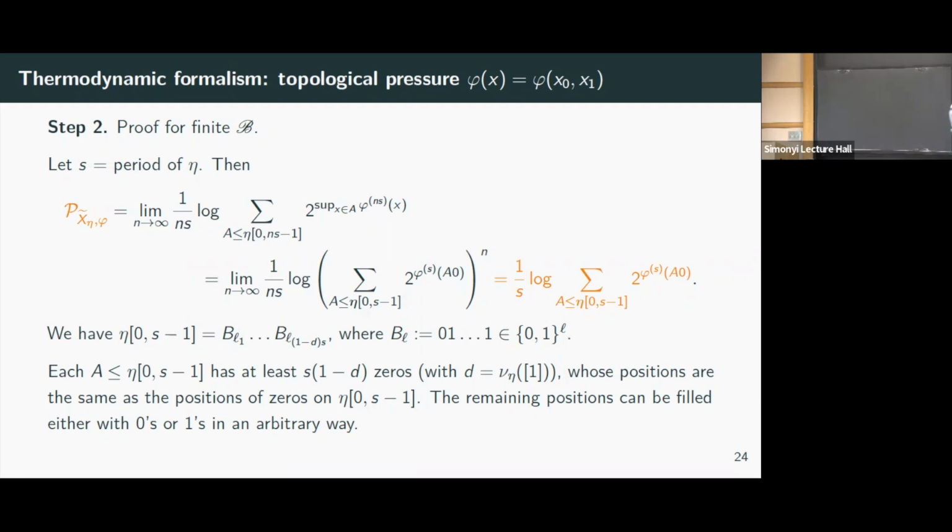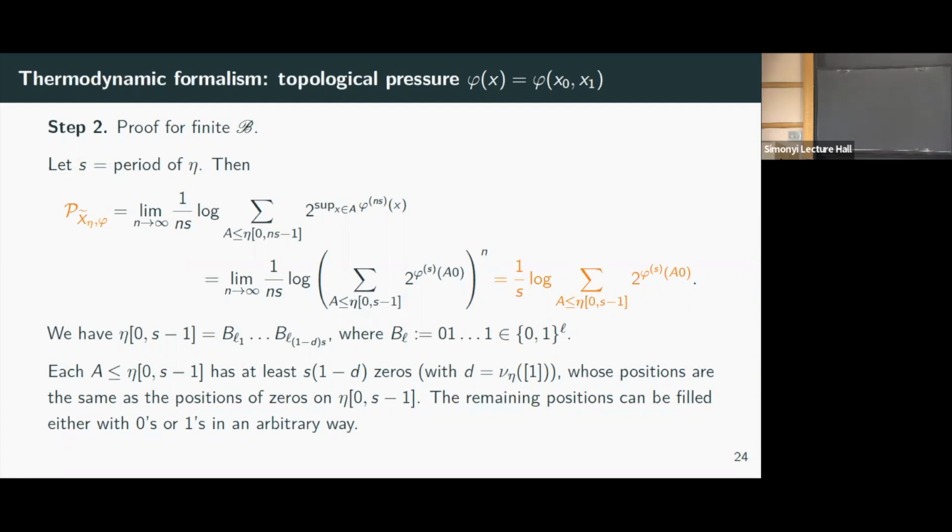We can interpret it in the following way. The zeros are where we cut. So this is built out of pieces like 0, some number of ones, 0, some number of ones, and so on. And now each block that sits underneath will have these zeros inherited from eta.